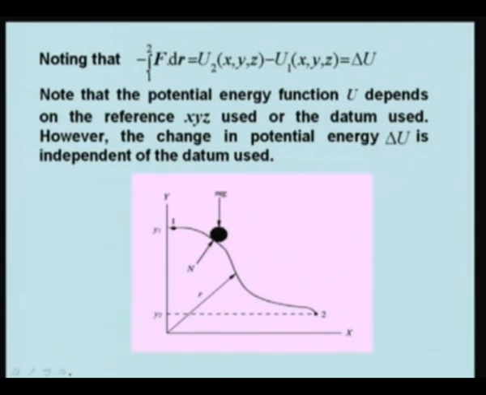Now, we note that minus the integral from 1 to 2 of F dot dr is equal to U2(x,y,z) minus U1(x,y,z), which is delta U. Note that the potential energy function depends on the reference used, or the datum used.